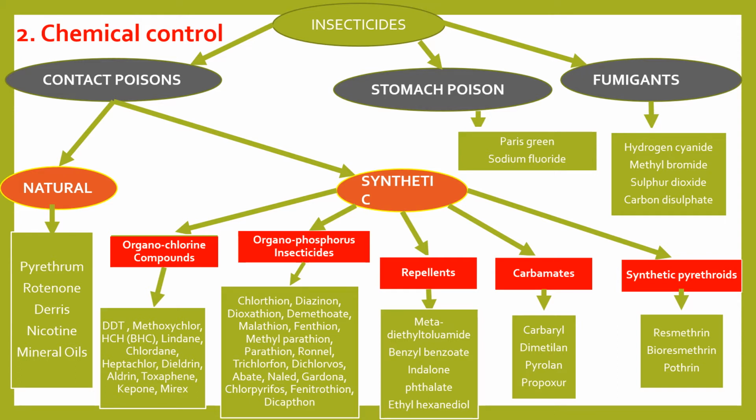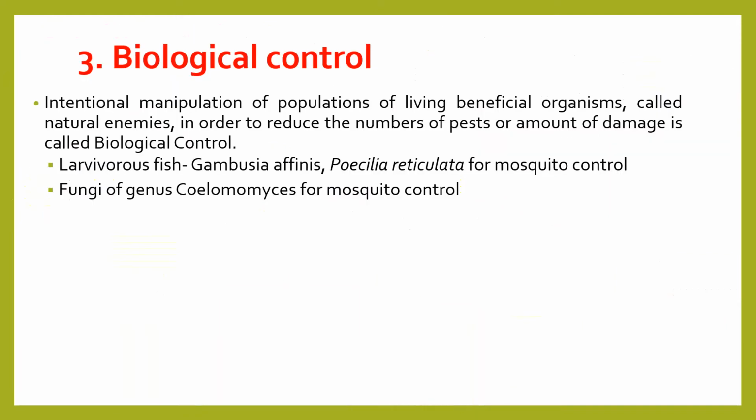In that, organochlorine compounds, organophosphorus compounds, then some of the repellents, carbamates and synthetic pyrethroids, etc. Next method is biological control, where we can use various larvivorous fish like Gambusia affinis and some of the fungi of genus Coelomomyces for mosquito control.